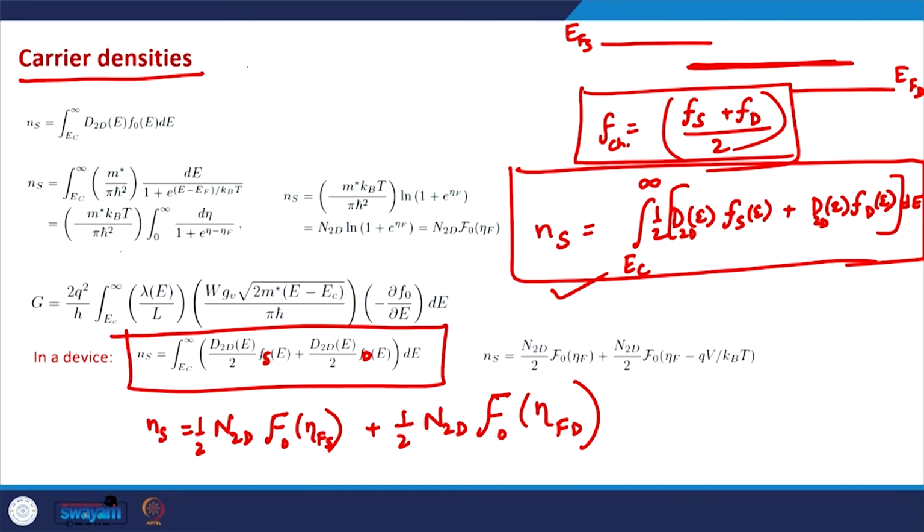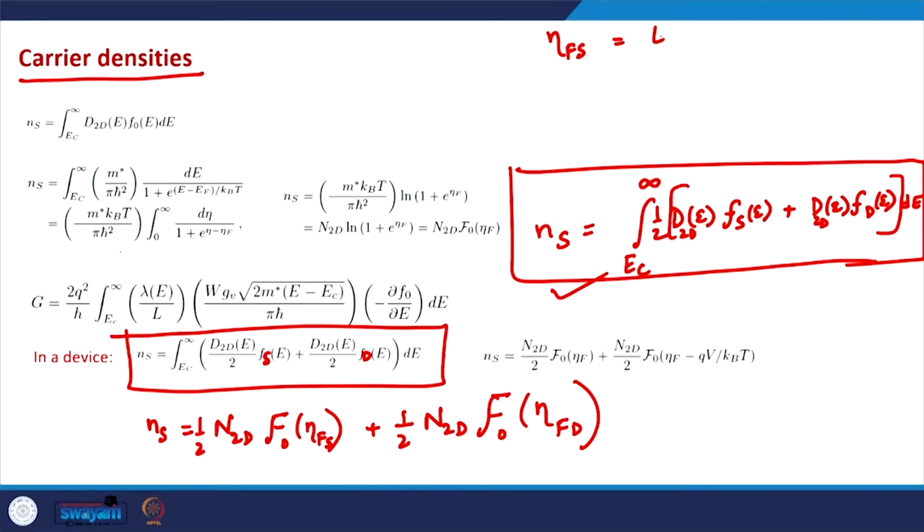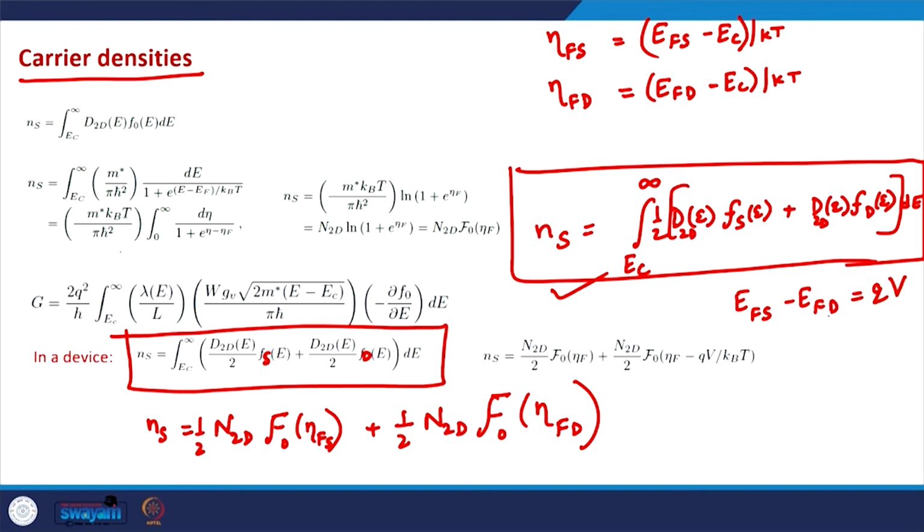where eta f can be defined to be, eta fs can be defined as (EFS minus EC) by kT, and eta FD is defined as (EFD minus EC) by kT, which ultimately gives us, and please remember that EFS minus EFD is Q times the applied voltage, QV.